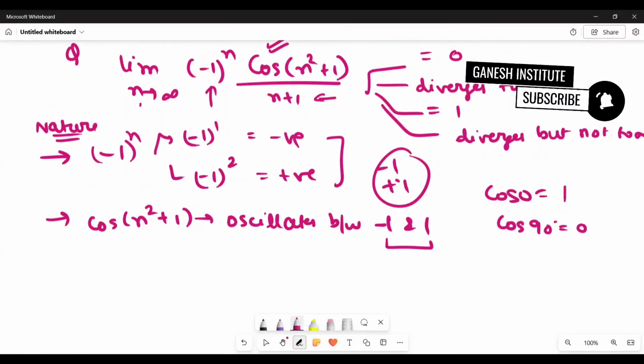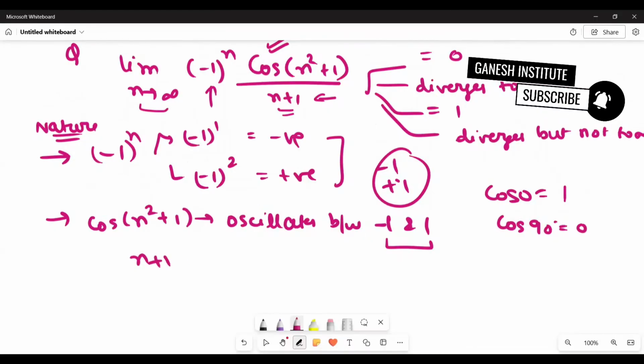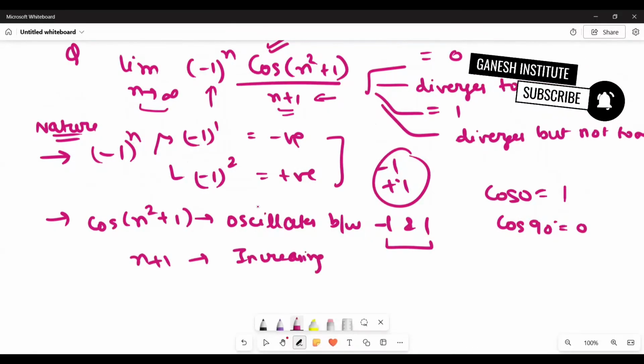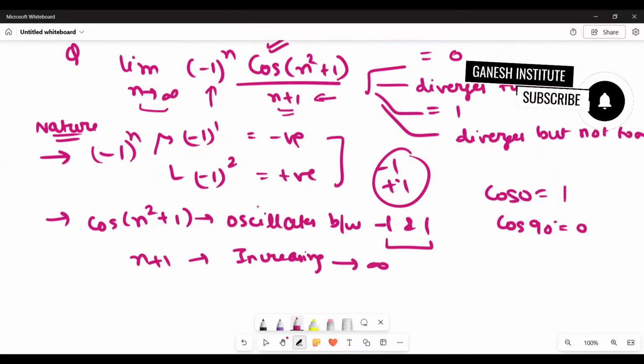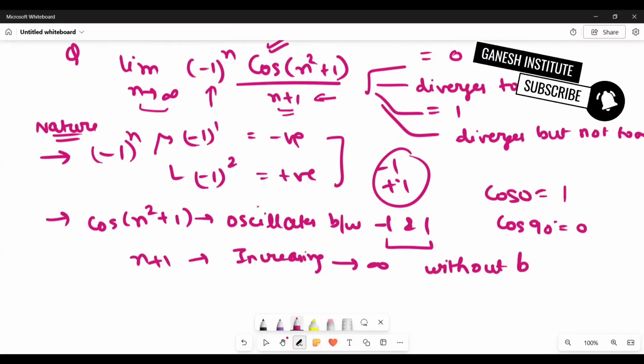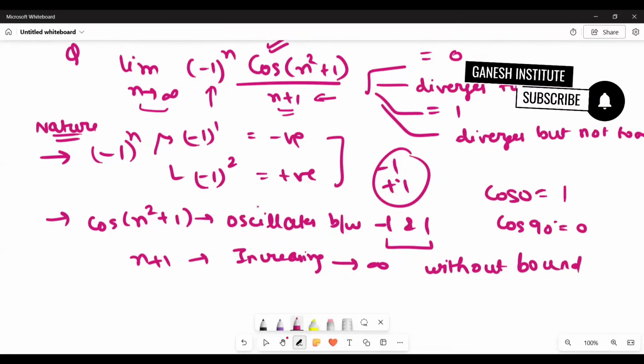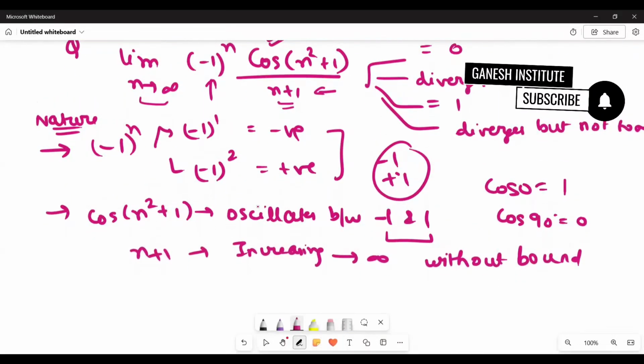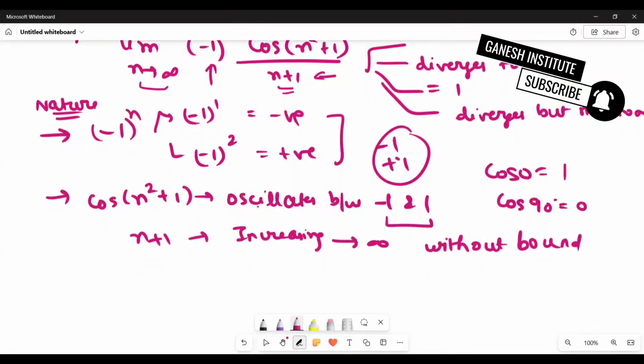Because n is tending to infinity, it will always be an increasing function. And if it is increasing and reaching out to infinity, that means it is without bound. It is growing like anything. It doesn't have an upper limit. The denominator, shouldn't it be a decreasing function overall? Yes, overall it would be.